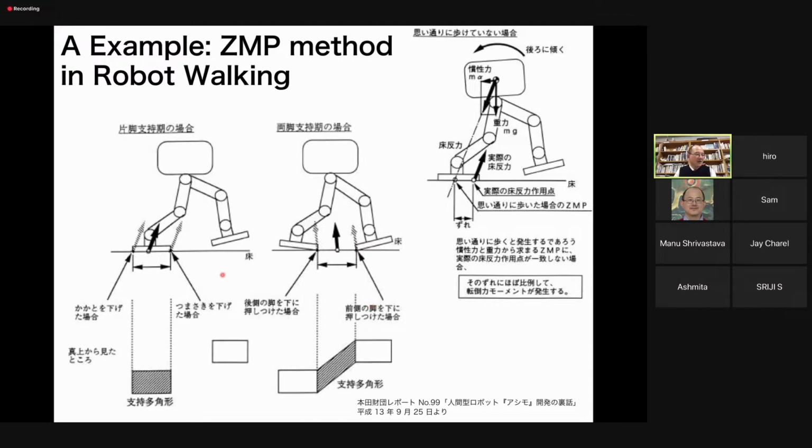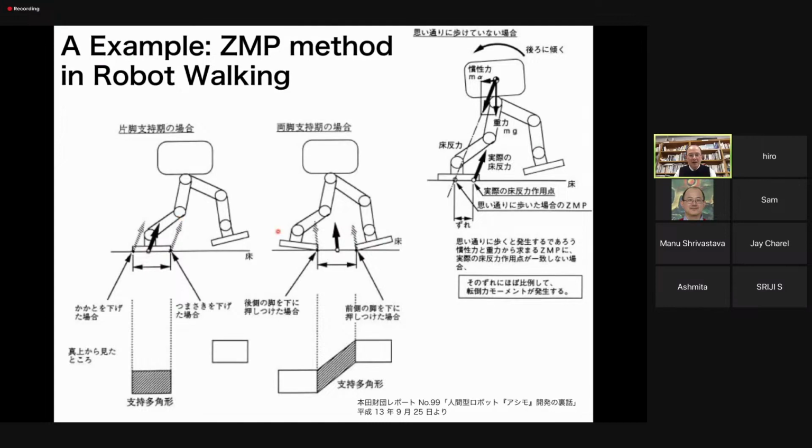This is a famous architecture, the zero moment point method, or ZMP method, in robotic walking. There is a plate connecting the leg, which is actually the foot of the robot. There is some area. If the center of mass is located inside of this state space, there is no problem that the robot lifts the body very precisely.